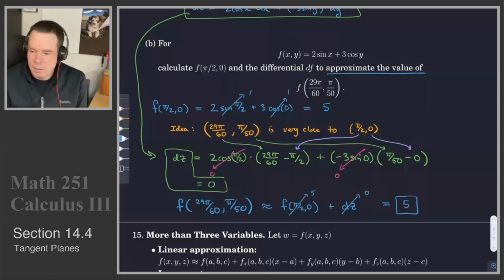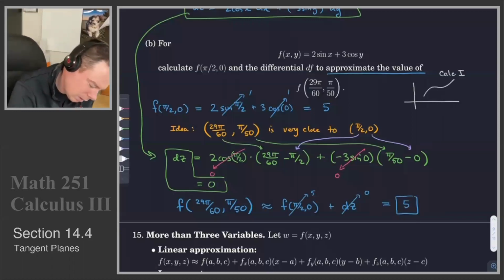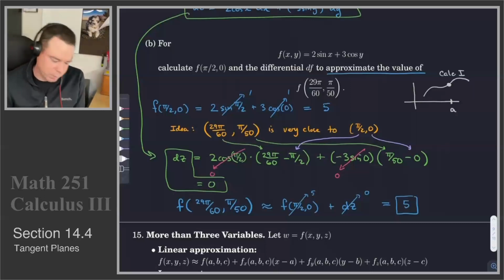The analogous idea here with calculus 1, I'll draw a little picture. We'll do calc 1 here, just so we can see. The idea is in calc 1, let's say I got a value here. That's the point I know information about.